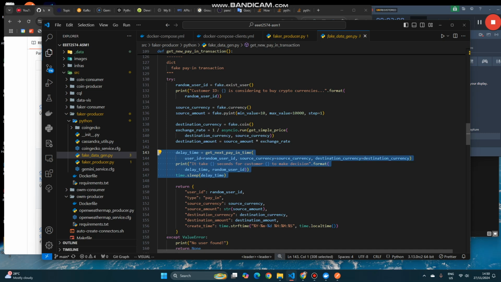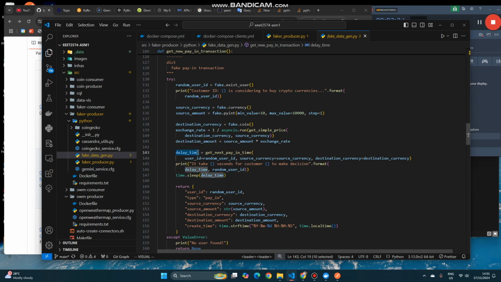What I want to do here is simulate the time that a real human takes to think about the profit, the risk, the news, and many more things before making a transaction. So the human wants to think carefully before making a decision.